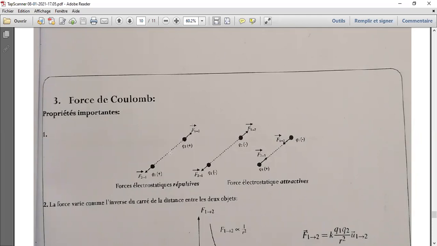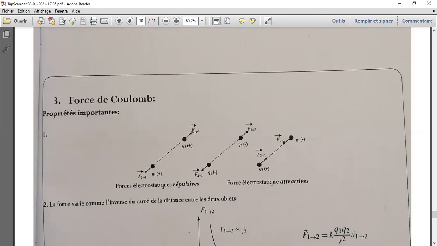That's why you are seeing an arrow here going outside, and this arrow is the force which is caused here on Q2. So you see Q1 is the one causing the force on Q2, and Q2 is moving outside.